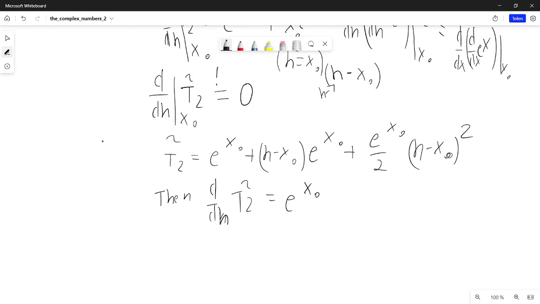Right? So what we get is the product of this 1 multiplied by 2 and h minus x0.